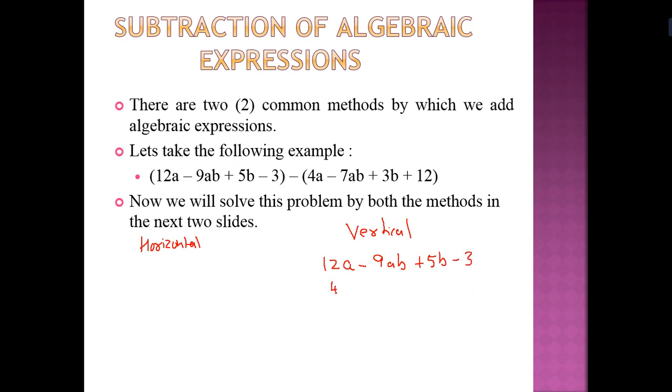Now 4a, that is plus minus 7ab plus 3b plus 12. Now here the negative sign is there, so I have changed the sign.